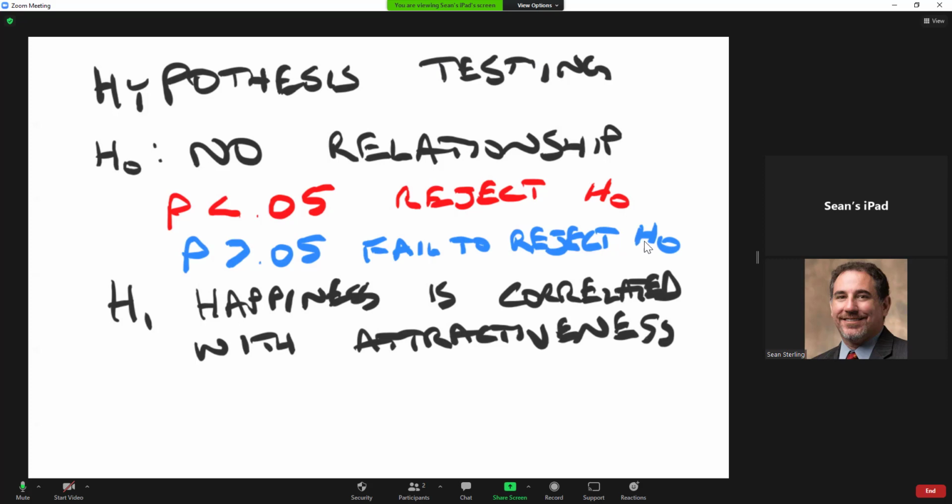So it's more proper to say fail to reject, but man, that really confuses some people. So for practical purposes, you do accept the null, that there's no relationship if your significance level is above 0.05. If your significance level is less, then you reject the null and you go with your alternate.